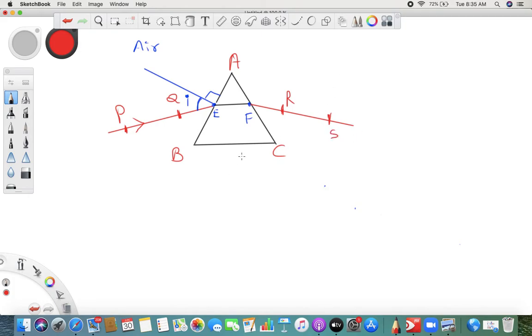Now this ray we call the incident ray. This is your refracted ray. And what do you call this ray, RS?